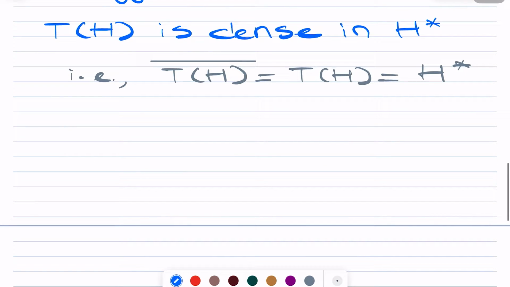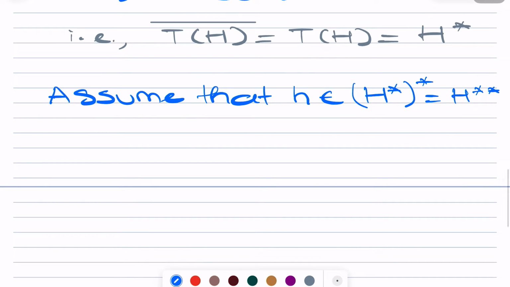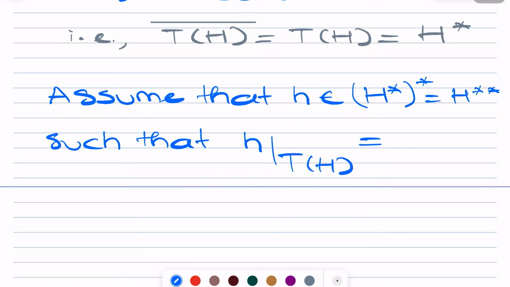So assume that h is an element of the bidual, which is H star star, such that h restricted to T(H) is equal to 0.